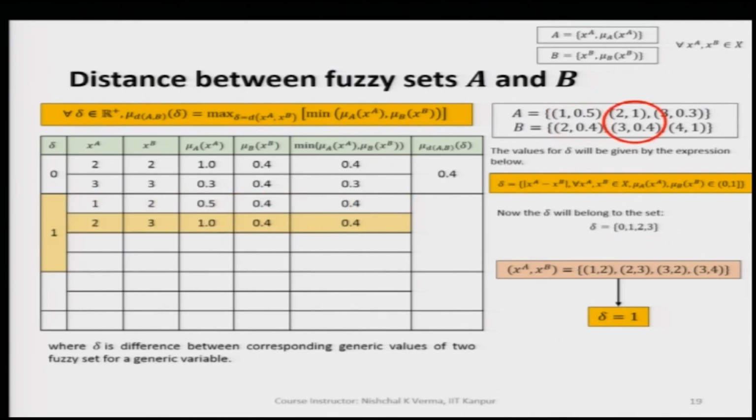For the second pair, which is 2, 3, we first enter these values x A, x B, then take mu A of x A and mu B of x B, and take the minimum of these two, which comes out to be 0.4, and that is how we get 0.4 here.